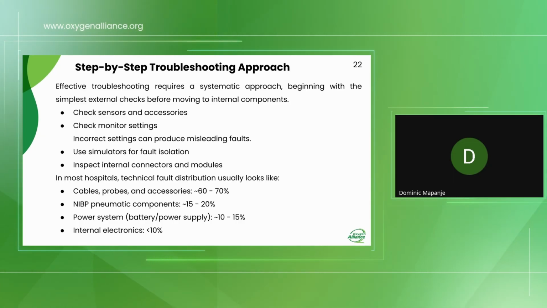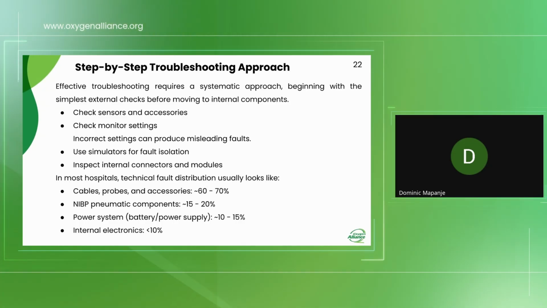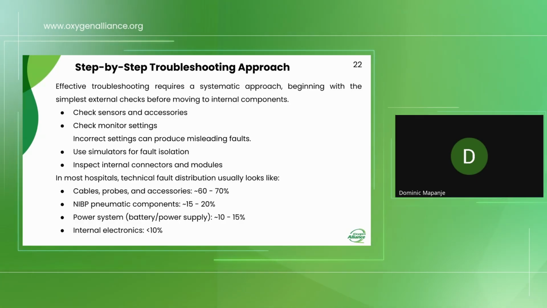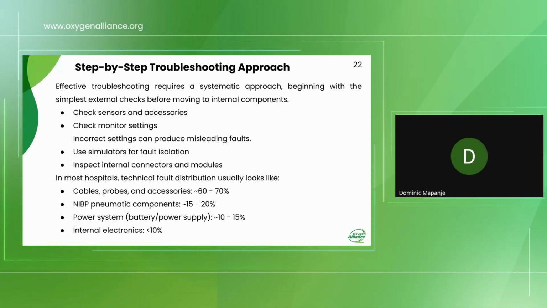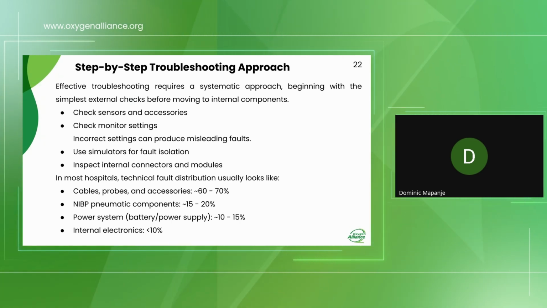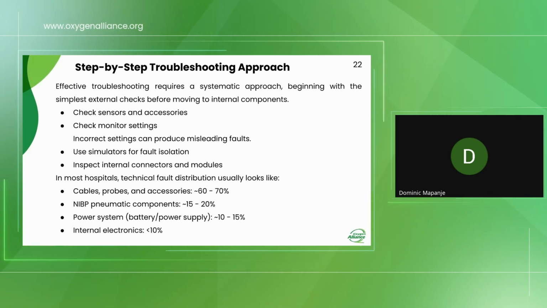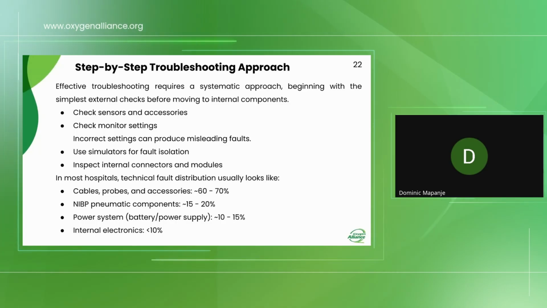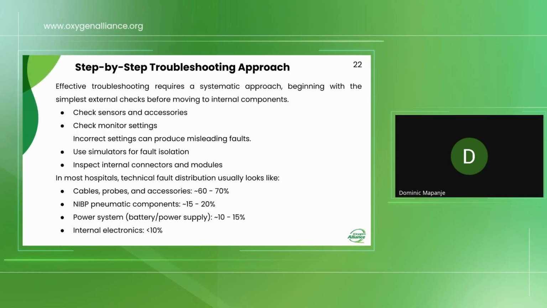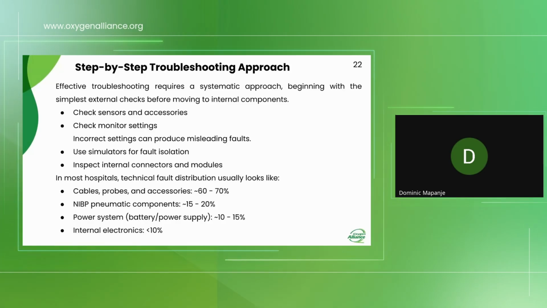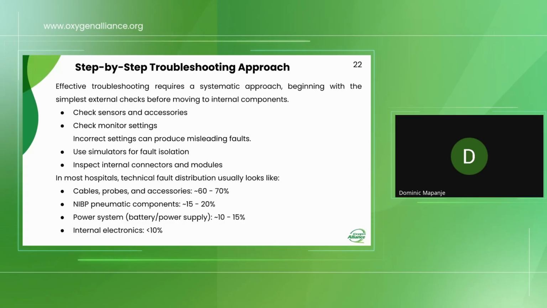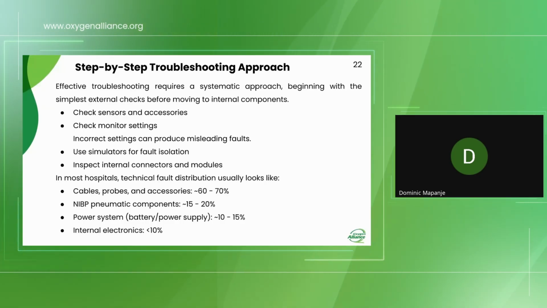You should start with the external accessories and then go into the internal components. Effective troubleshooting requires a systematic approach, beginning with the simplest external checks before moving to internal components. So you are basically checking the accessories. It is estimated that 70% of monitor faults actually originate from accessories.